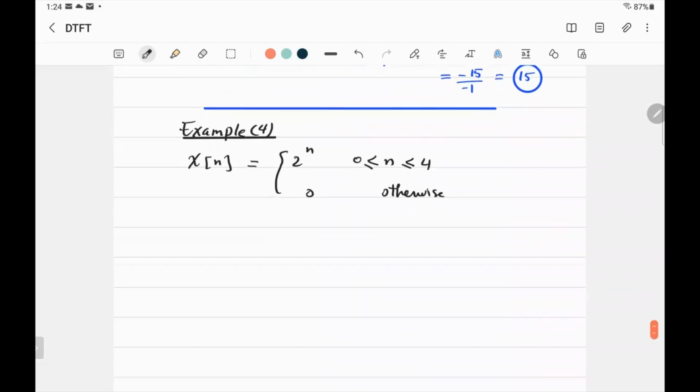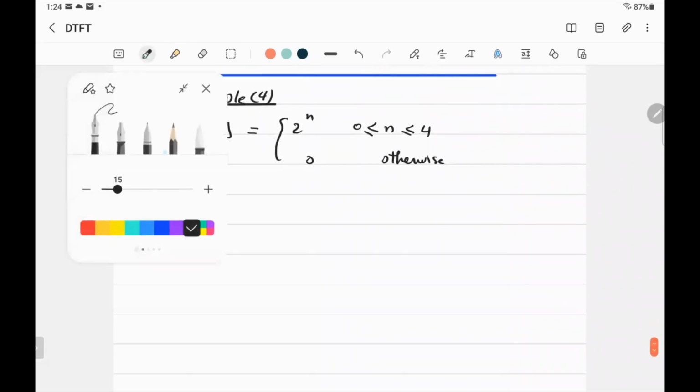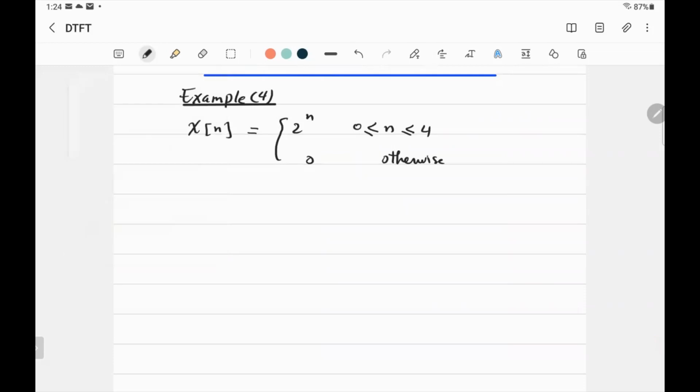I always like to sketch the signal to see what it looks like. That's n. At 0, 2 power n is equal to 1, right? So you have something like that, 1. And at 1 it will be double, and at 2 it will be 4. Oh, I don't have enough space.